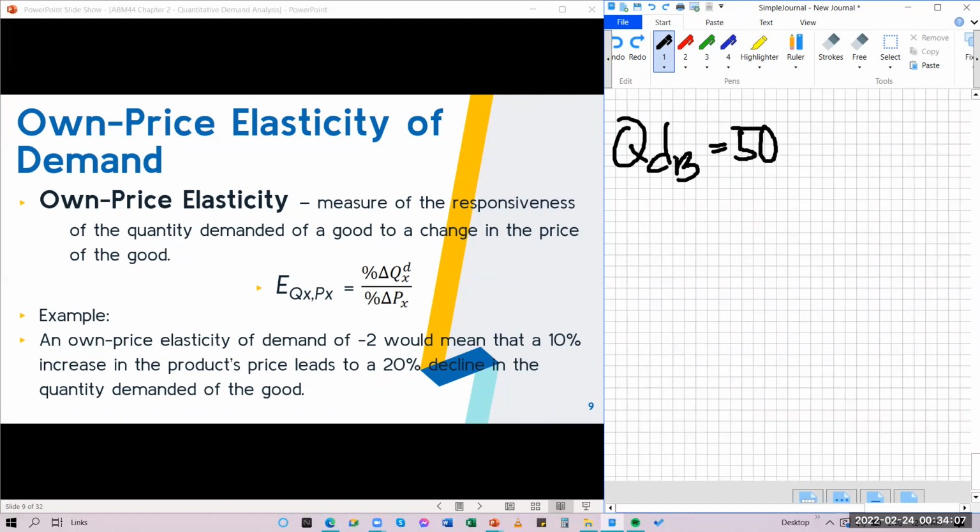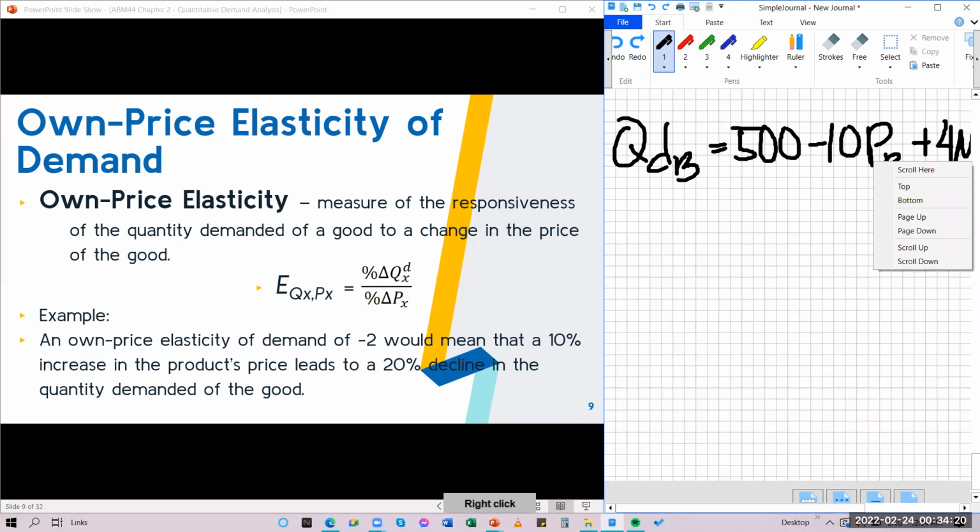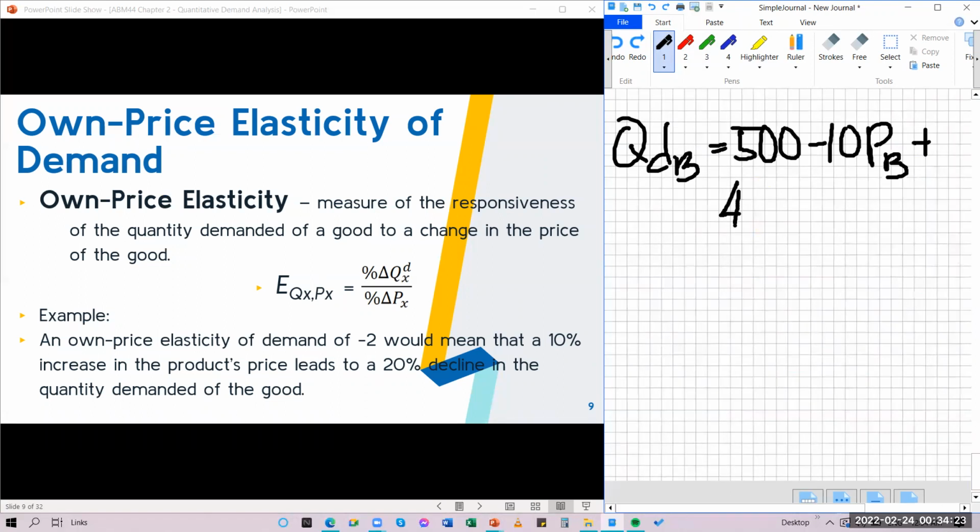So, this is the formula: 500 minus 10 times the price of beer, a negative relationship, plus 4M, which is income, plus 5 advertisement, plus 2 PW, or the price of wine. So this is the given formula. Let's use this one and find the own price elasticity of demand.